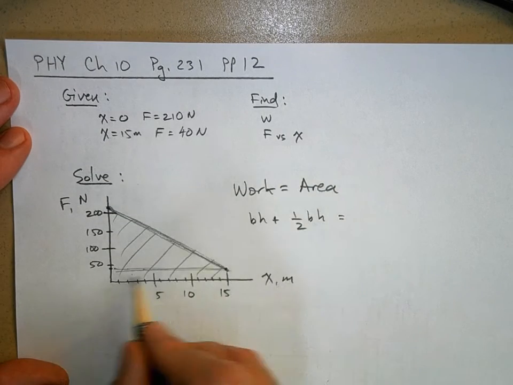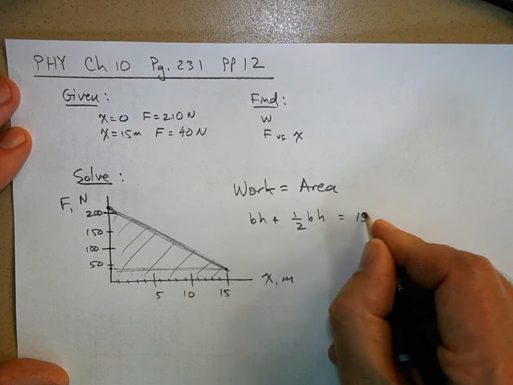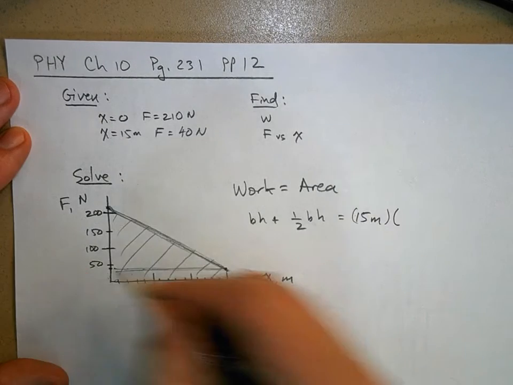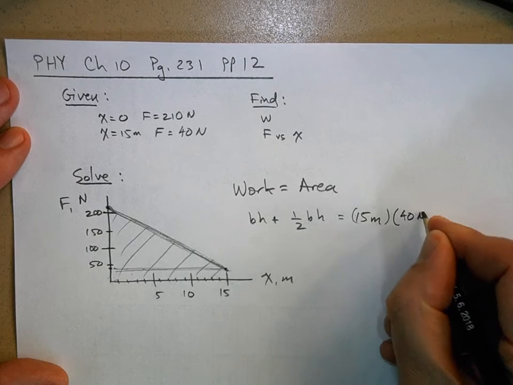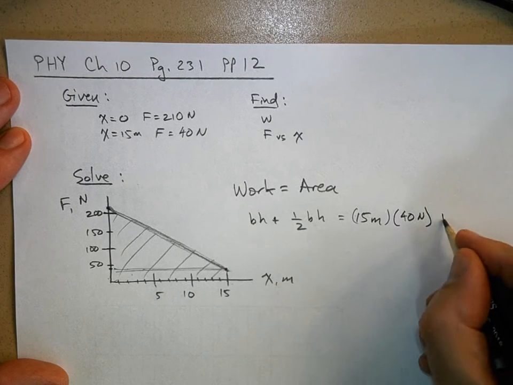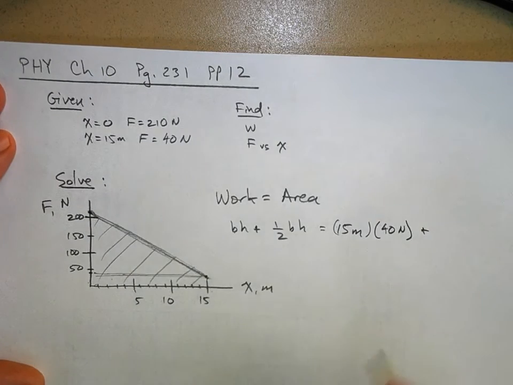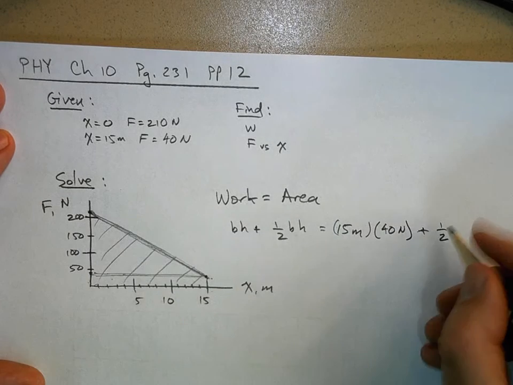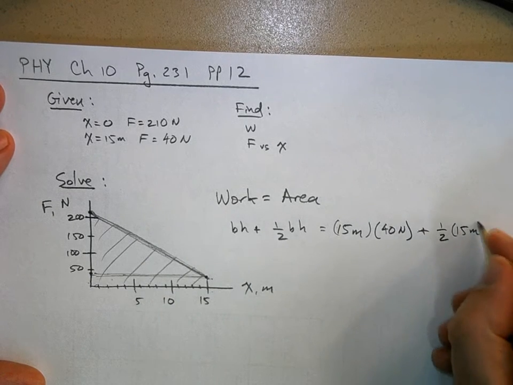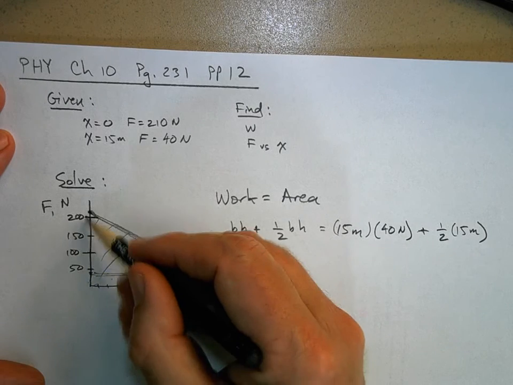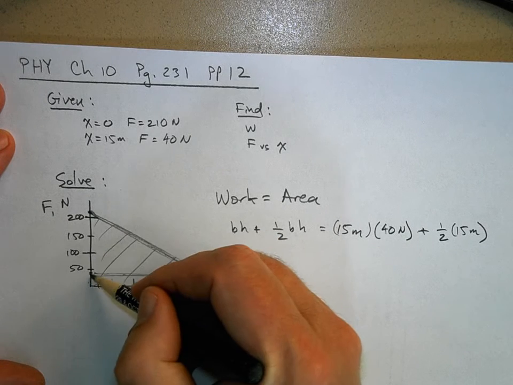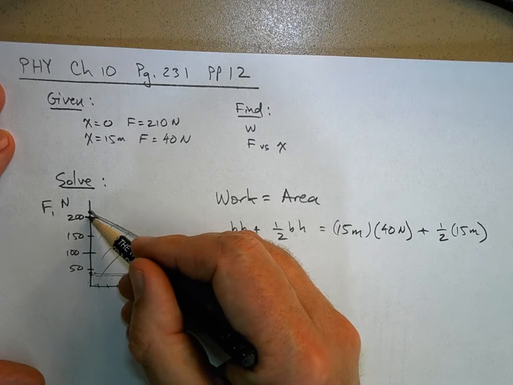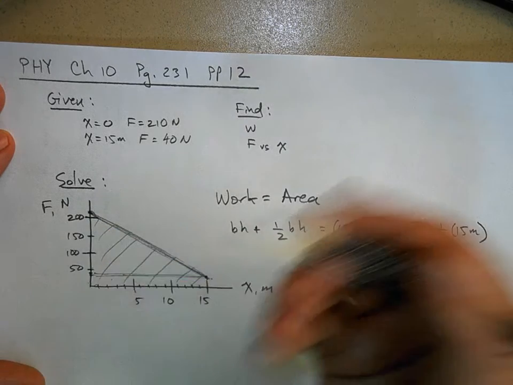So for the rectangle, the base is 15 meters, and the height is 40 newtons. And then plus for the triangle, 1/2 the base again is 15 meters. But the height is not from here to here. Well, it's 50, 100, 150 plus 10 plus 10.